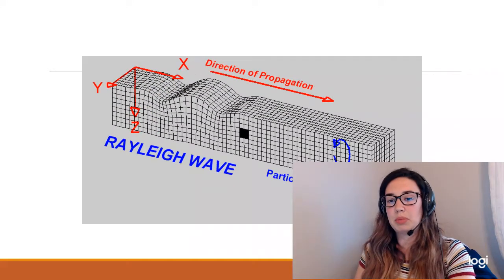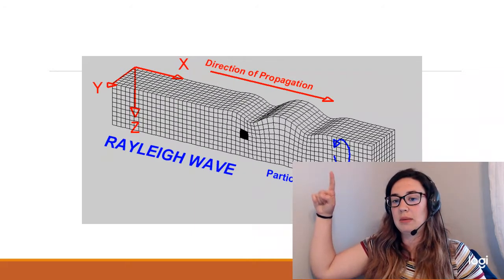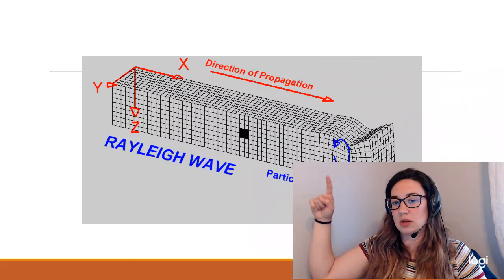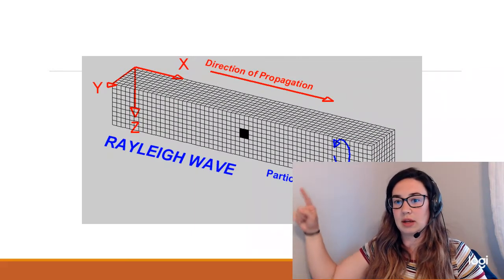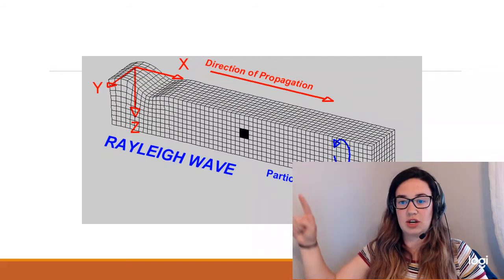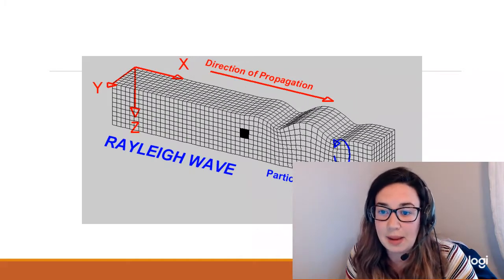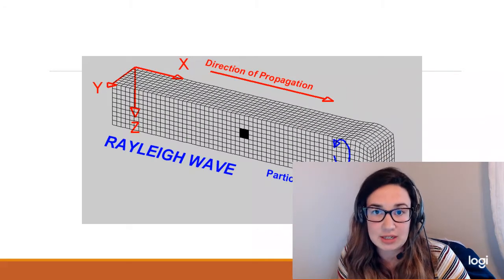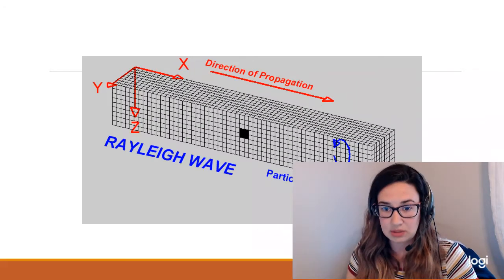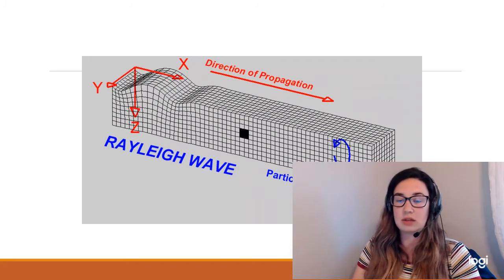But you can see that blue arrow right here above me. That's your particle motion. It's kind of moving in a circle here, going this direction as it's moving along. And this is one of the most damaging types of waves that we will see, this Rayleigh surface wave.